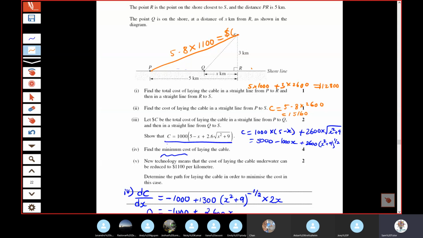Not 64,000, sorry, 6,414. PR to RS. PR and then RS would cost 5 times 1,000 plus 3 times 1,100, which is 8,300. So that's silly. You wouldn't do that one.